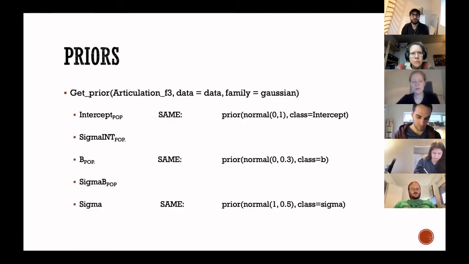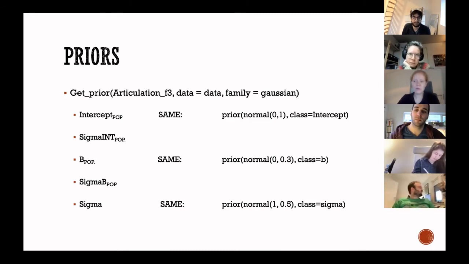Since the model is starting to get complicated, we could start wondering, should we put a prior for every participant? We rely on BRMS to tell us what are the priors that are most meaningful to give. We give it the formula, we give it the data, we give it which family we are using, which likelihood function. Three of the parameters are the same as before: the intercept at the population level, the beta at the population level, and the sigma total, the average error once we know everything else.